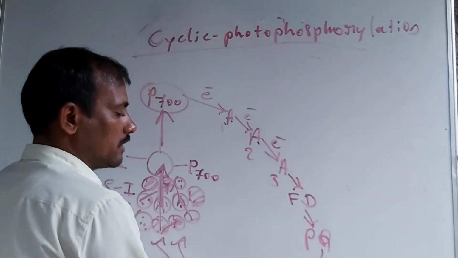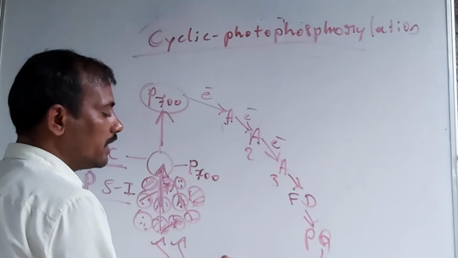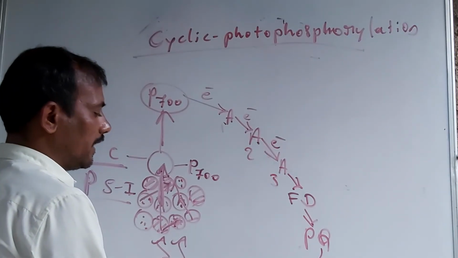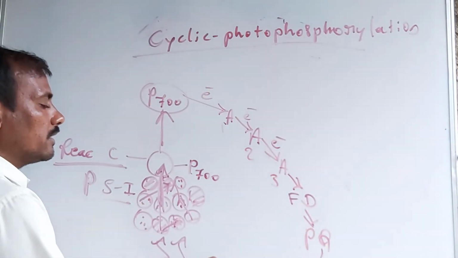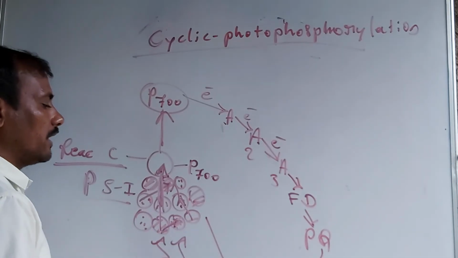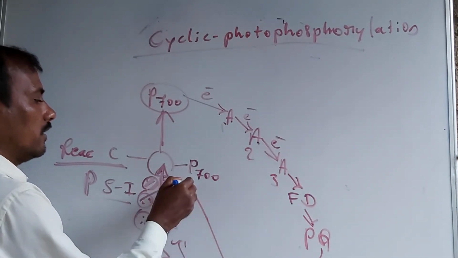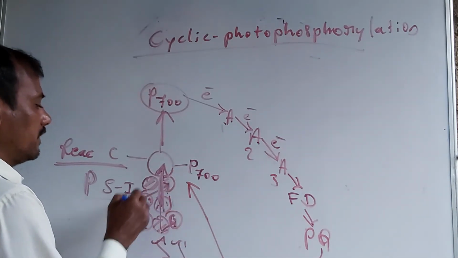From the cytochrome B6F complex molecule it goes to the plastocyanin, and finally the electron is transferred to the reaction center of the pigment system first.